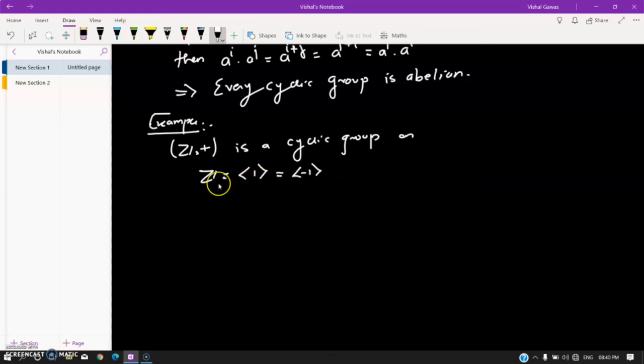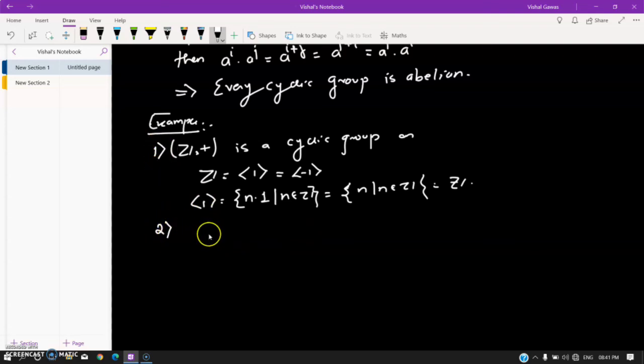And how does this generate? The group generated by 1 can be written as the set of all n times 1 where n belongs to Z. But n times 1 is n, with n belonging to Z. So what is this? This is nothing but Z. That's fine. Similarly you can do that with minus 1, because if A generates, its inverse A inverse will also generate the same group, as we have seen.